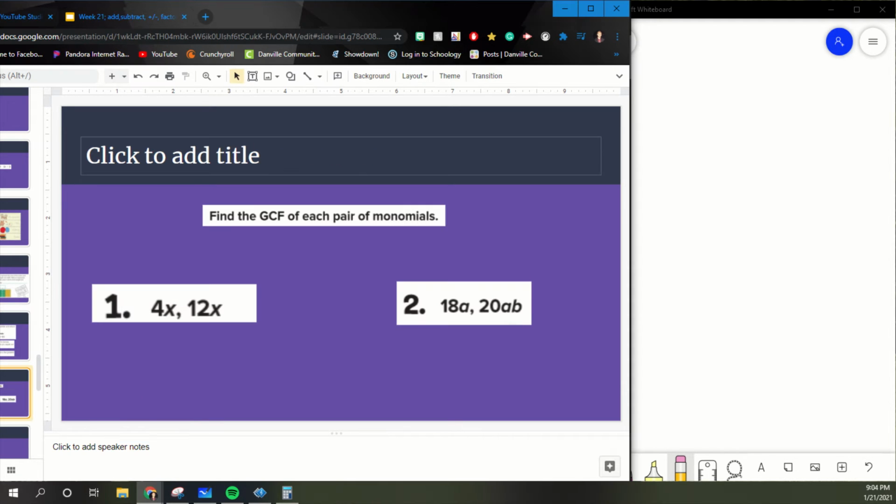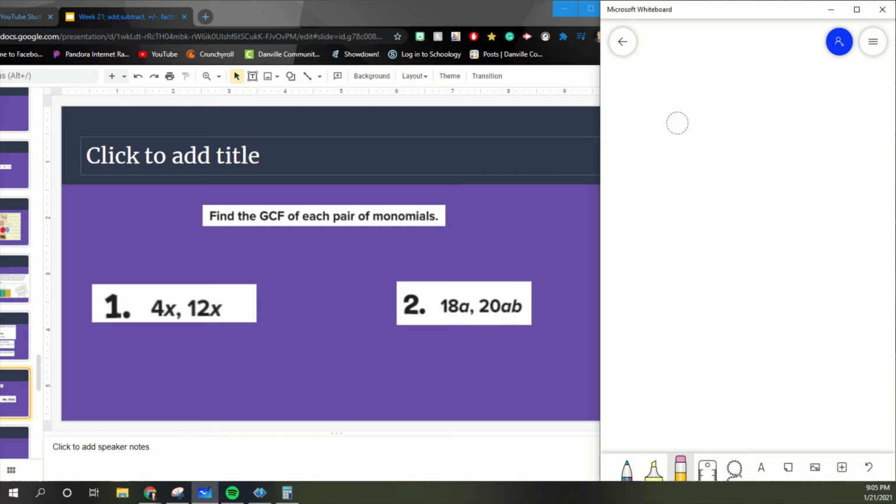So first we have two examples here. Find the greatest common factor of each pair of monomials. Well, first I'm going to break down 4x and 12x into their parts, into their factors. So 4x is equal to 2 times 2 times x. 12x, I can break down to 2 times 2 times 3 times x.